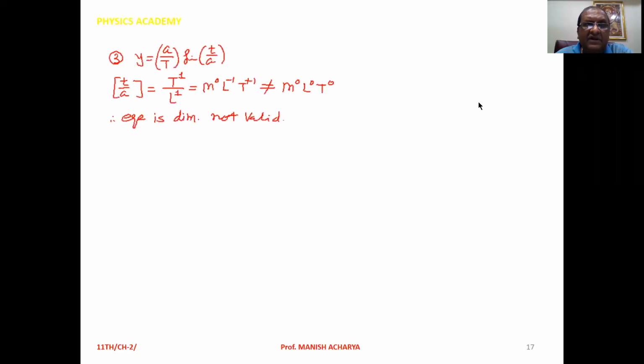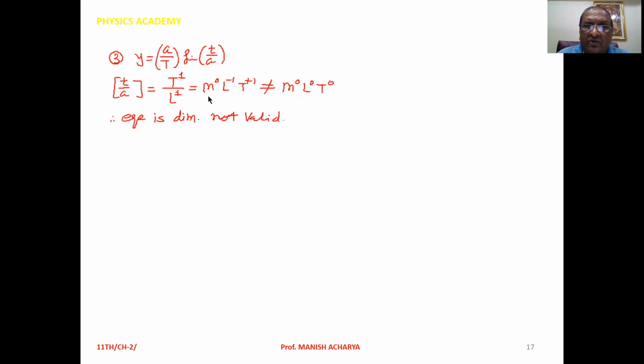Then the third equation: y equal to a/T sin t/a. First we have to check the dimensions of t/a. Dimensions of t/a: t is time, so T^1. a is maximum displacement, after all it is displacement, so L^1.